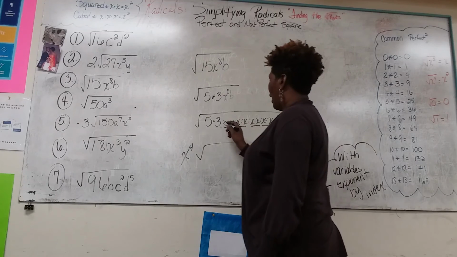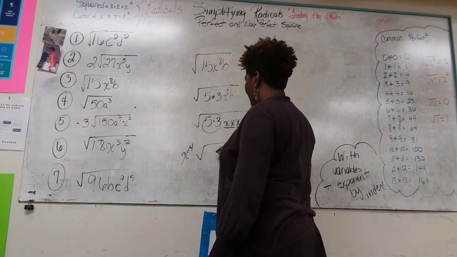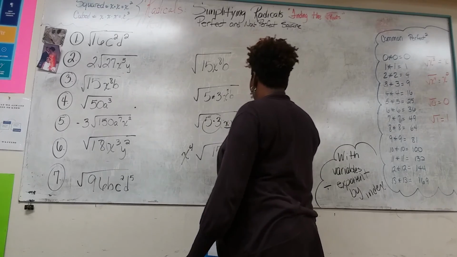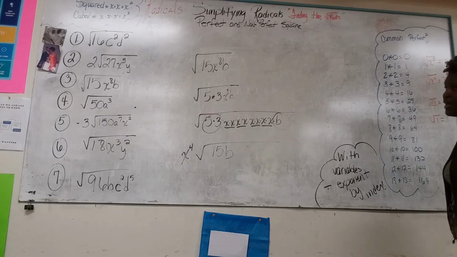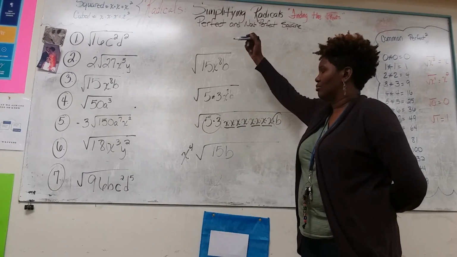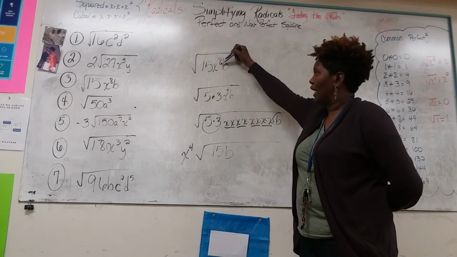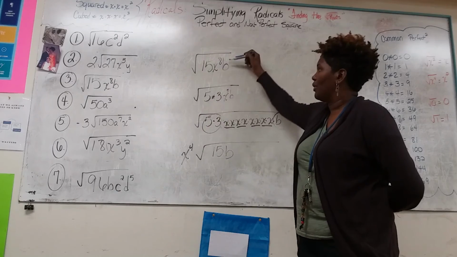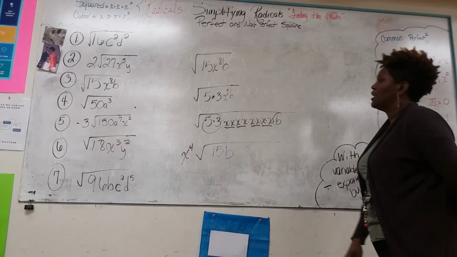All the rest of this stuff is left under there. 5 times 3 is 15. And we have that B left over. That is our absolute answer. I could have just said, there's no square root of 15, x to the 8 divided by 2 gives me 4, and the B stays there. I could have come up with the answer just like that.